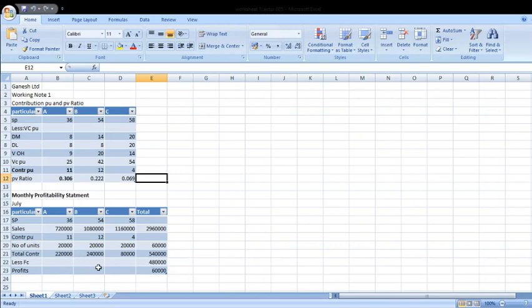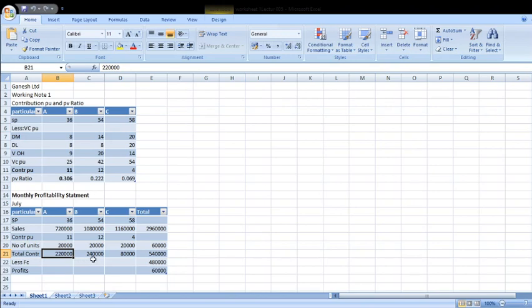So 11 is the contribution per unit into 20,000. That means 2 lakhs 20 thousand is the contribution.